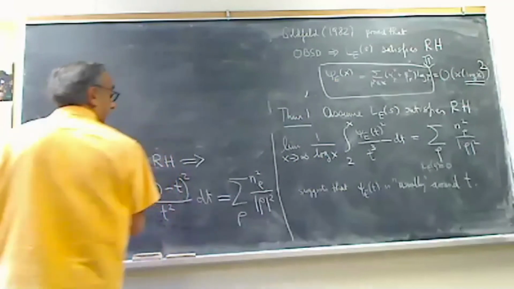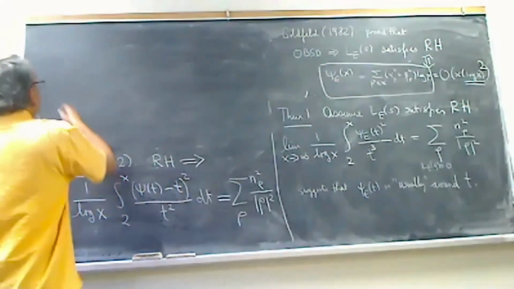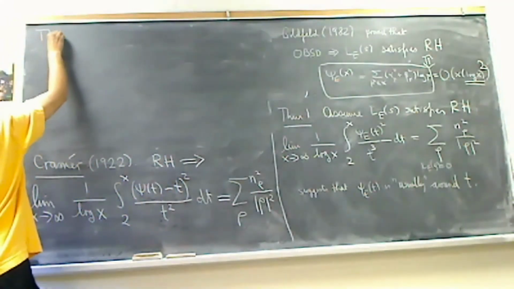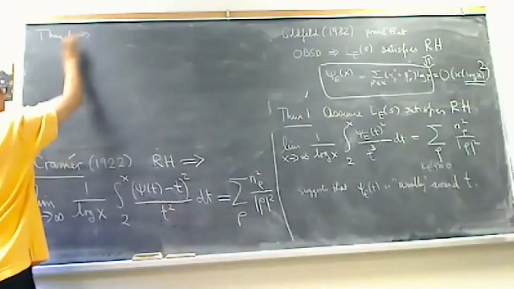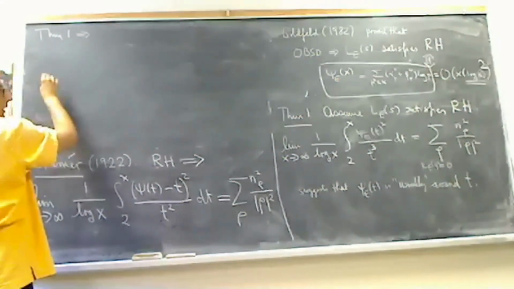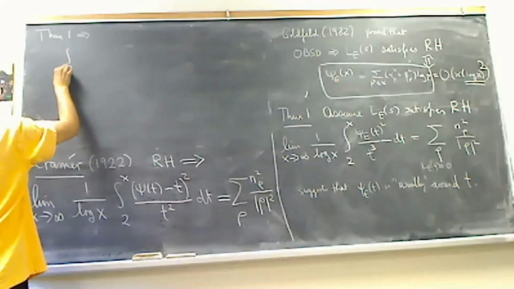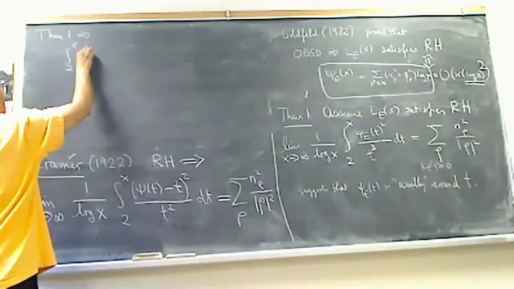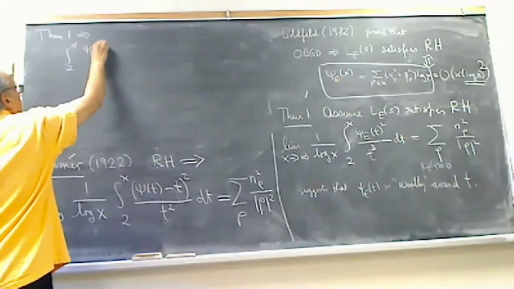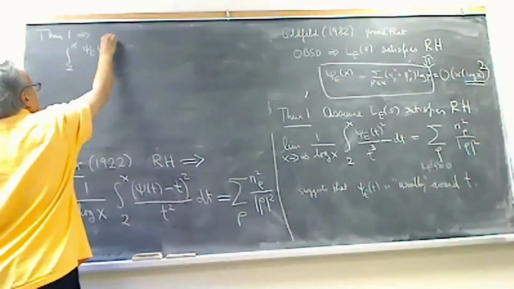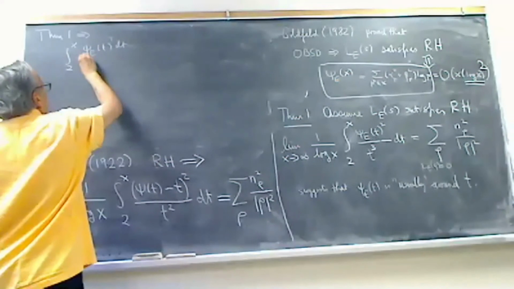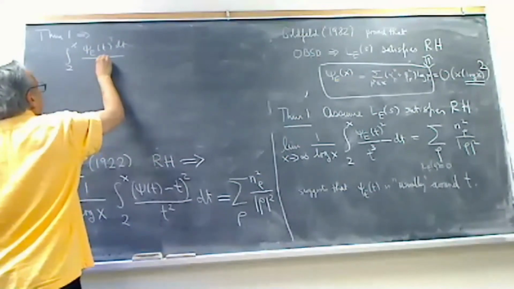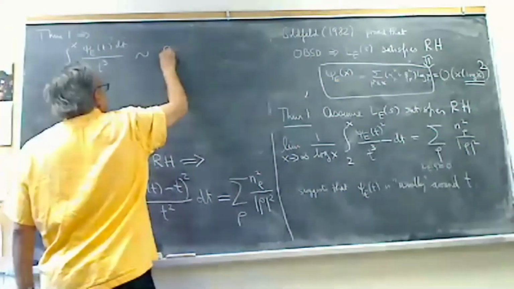First thing, theorem 1 implies that the integral from 2 to x of psi e of t squared dt over t cubed is asymptotic to some constant.